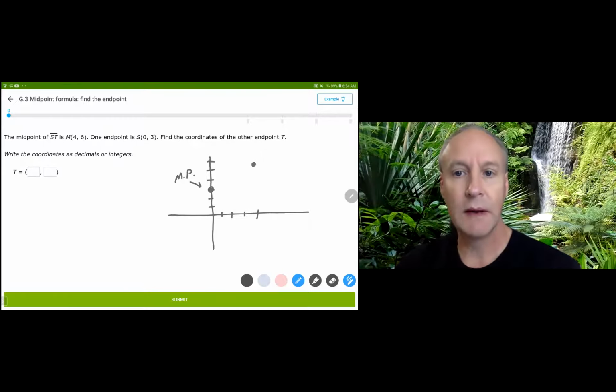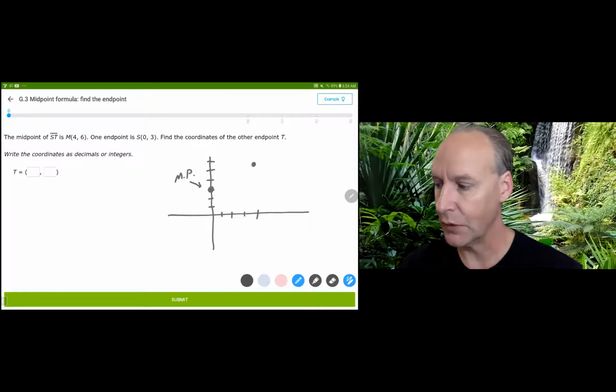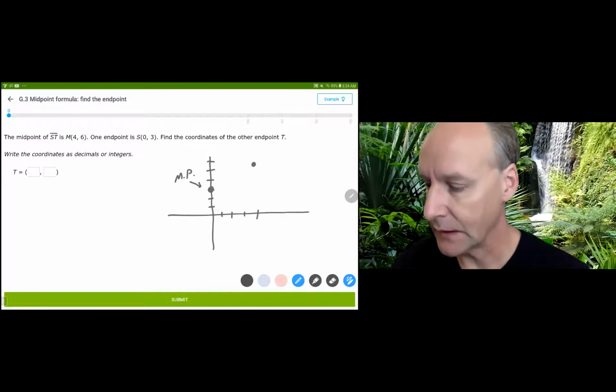Most of you will probably be able to see that if I count the slope from this point on the right down to this midpoint, and then count it again, or count the rise over run, I could get to my new point and probably be just fine. But once again, I'm going to go ahead and do the formula.